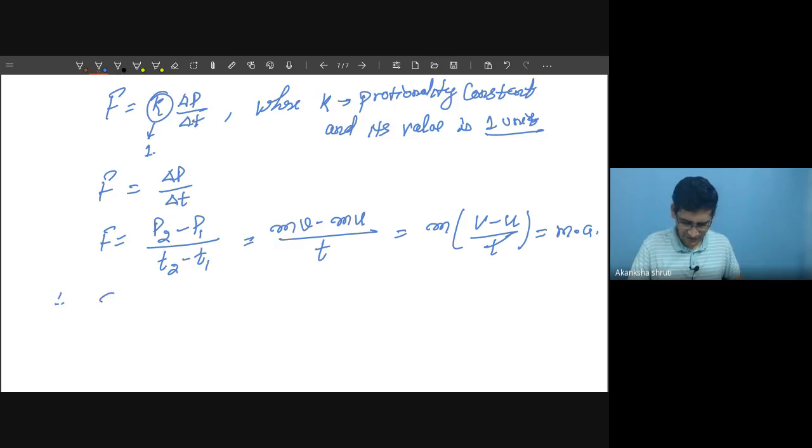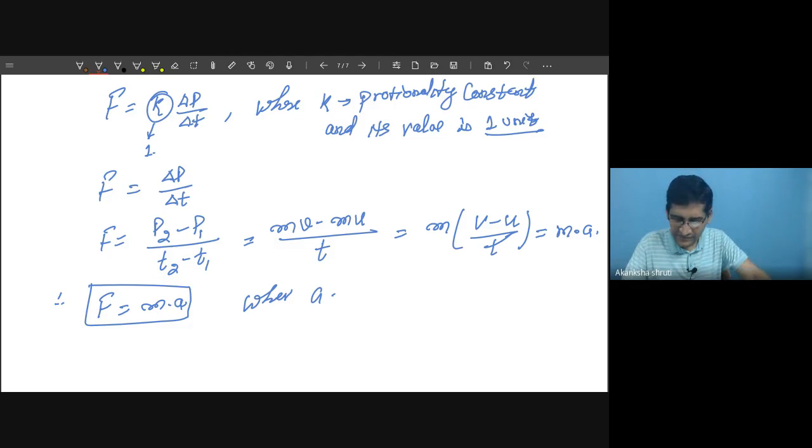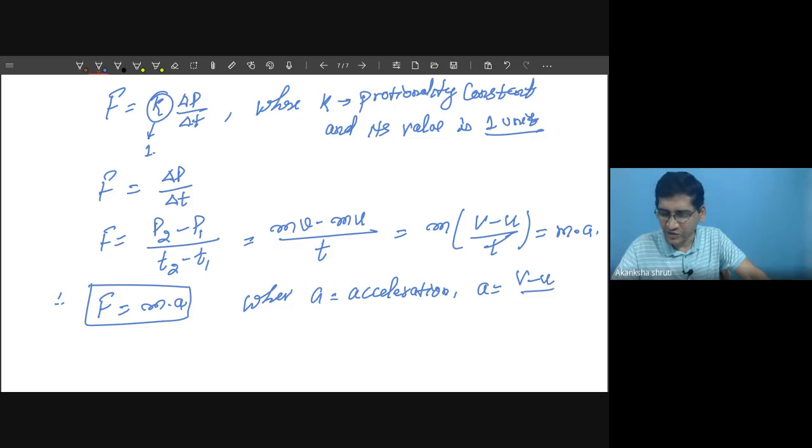Therefore the force F is given by mass into acceleration, where A is acceleration, and this acceleration can be calculated by the rate of change of velocity, V minus U by T. This was the definition.